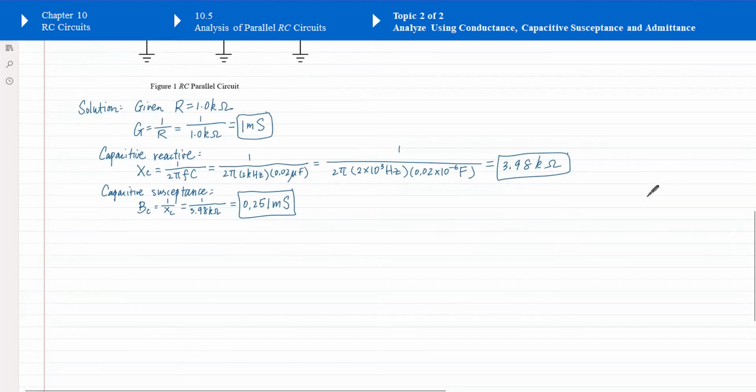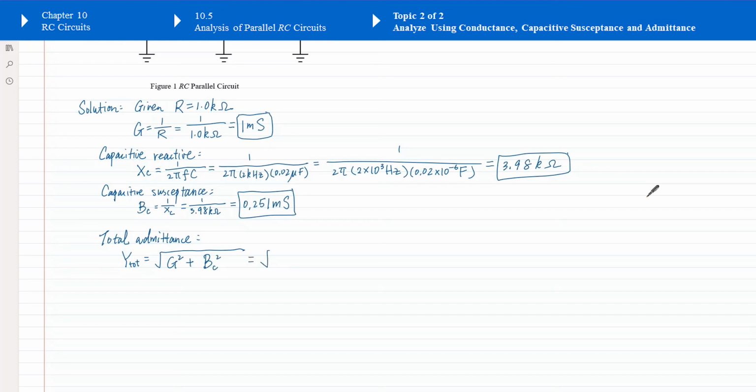Now we can find the total admittance. That is Y total equals the square root of conductance squared, G squared, plus capacitive susceptance squared, that is Bc squared.